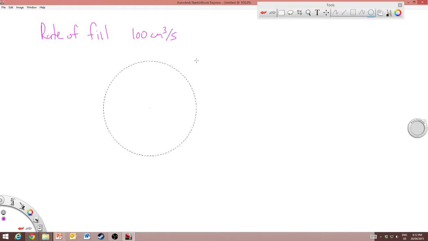There's my spherical balloon. And to make sure it's kind of spherical, we stylize it a little bit. Because I have a spherical balloon, and we want to know what is the rate of change of its volume when the radius is equal to 50 centimeters.